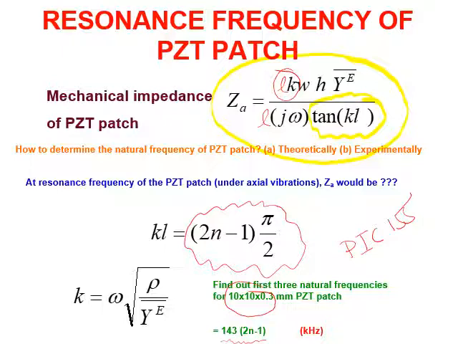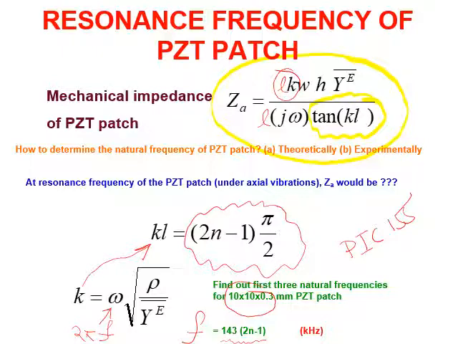All these values can be integrated here. If we input the value of kappa and substitute omega as 2 pi f, then after solving we can get an expression for f like this.